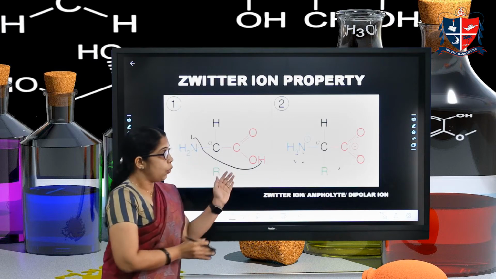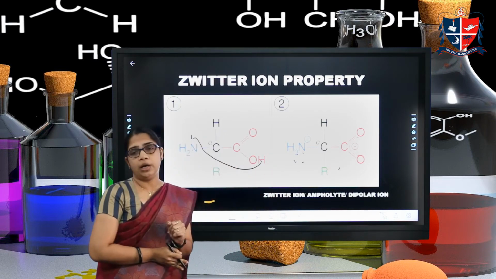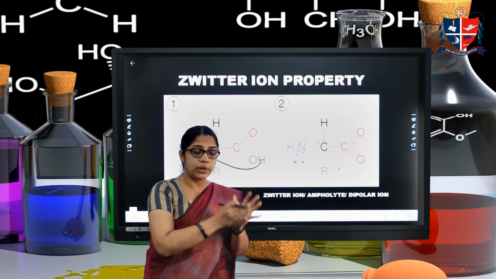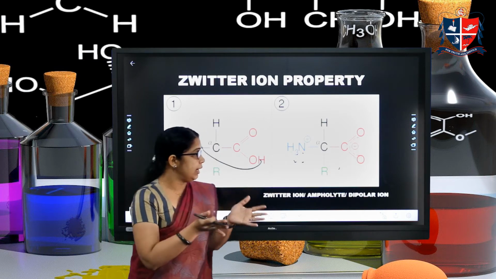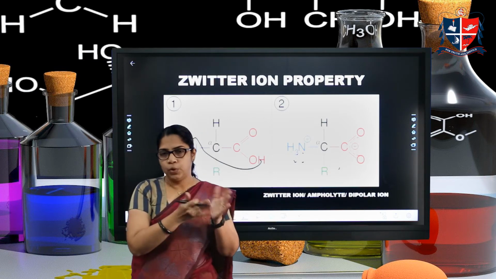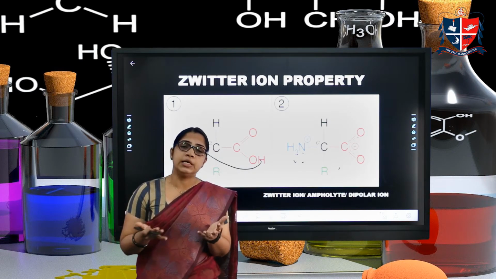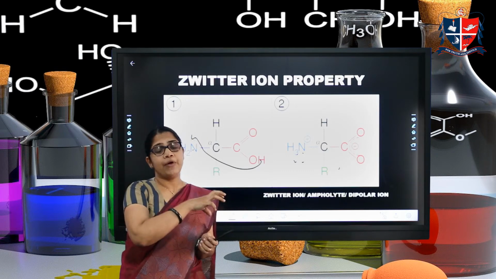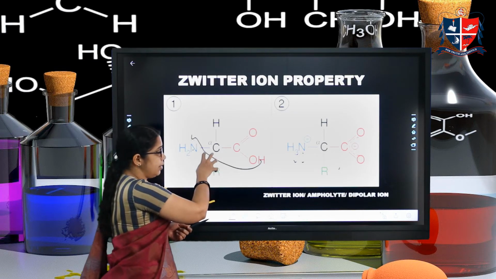This is the zwitterion, or a dipolar ion. There is a positive charge and a negative charge, so it is called a dipolar ion, or an ampholyte. So in aqueous solution, this amino acid remains as this dipolar ion, and several properties of amino acids also support the fact that they do not remain in the molecular form.